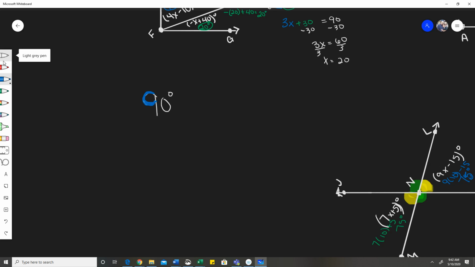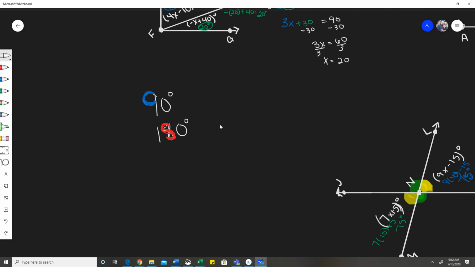You think of 180 for supplementary. Here is your S right here in the 8. And this goes this way. So there's our complementary and supplementary angles.